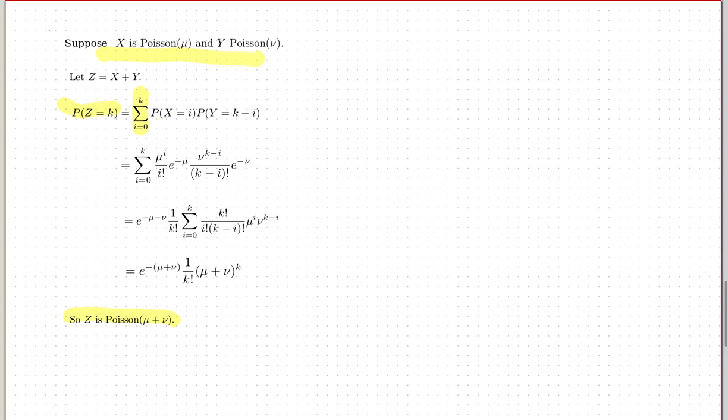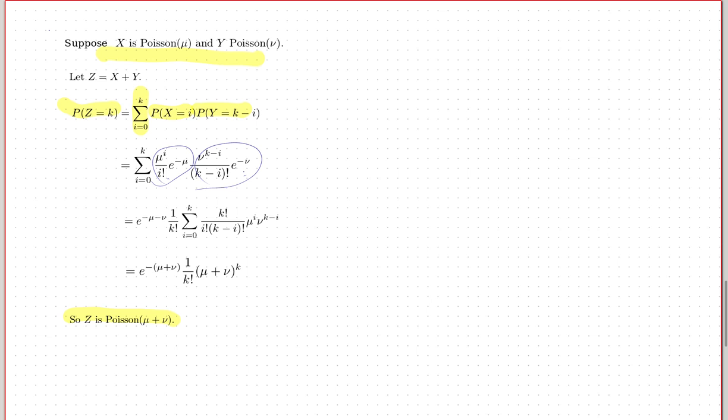So therefore, we compute the probability in each case, which is, because x and y are independent, we just multiply their individual probabilities. You substitute in their formulas from the Poisson distribution, right? The formula for x and the formula for y.